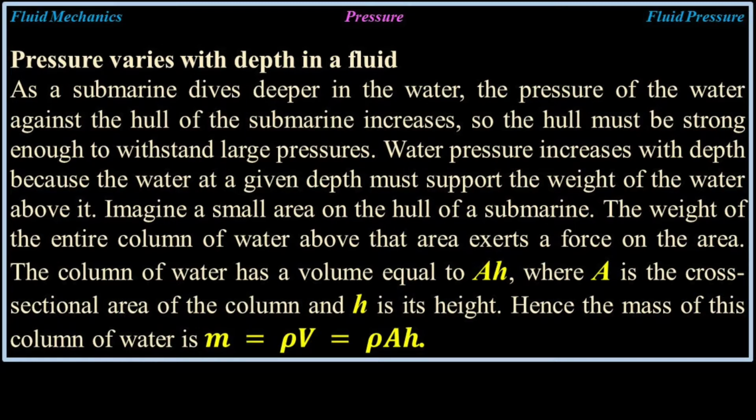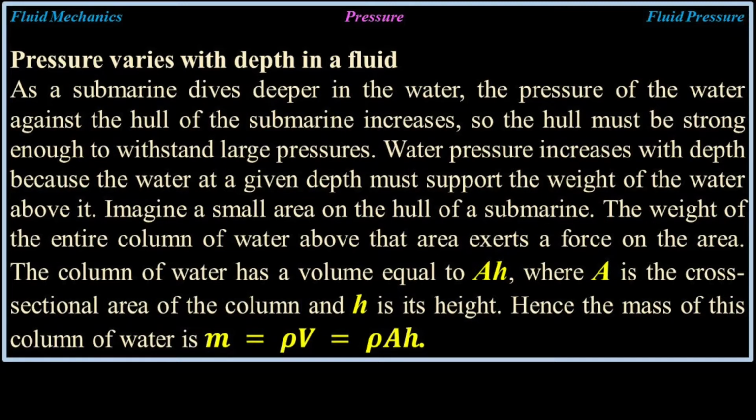Imagine a small area on the hull of the submarine. The weight of the entire column of water above that area exerts a force on the area. The column of water has a volume equal to AH, where A is the cross-sectional area of the column and H is the height.